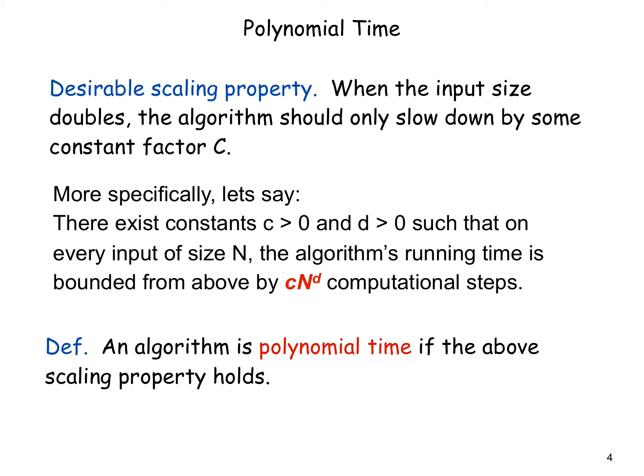We start with this desirable scaling property, which is when the input size doubles, the algorithm should only slow down by some constant factor c.